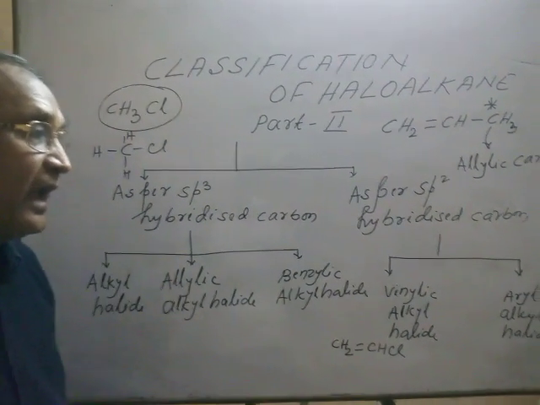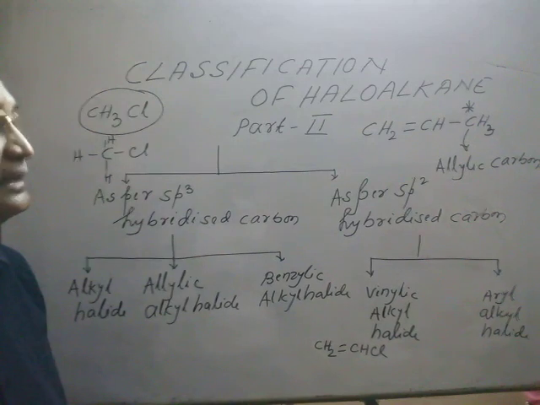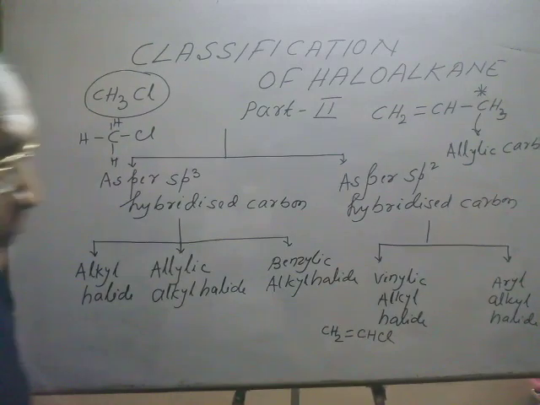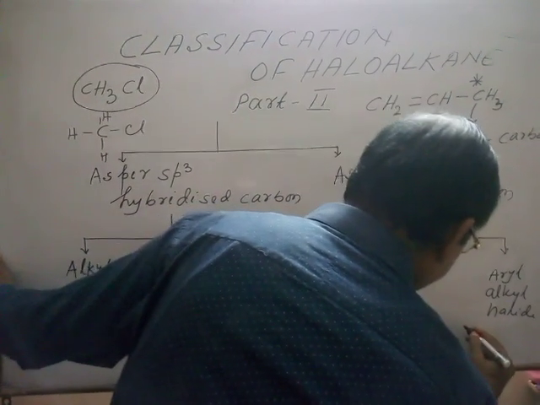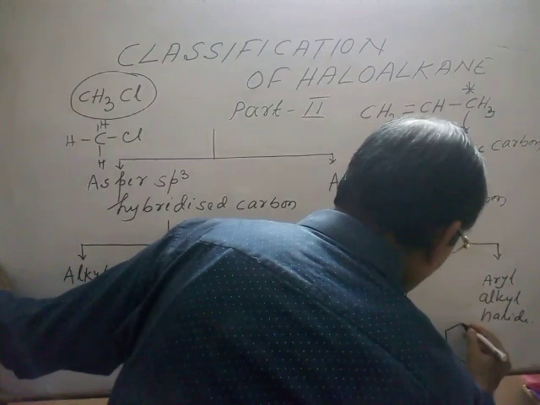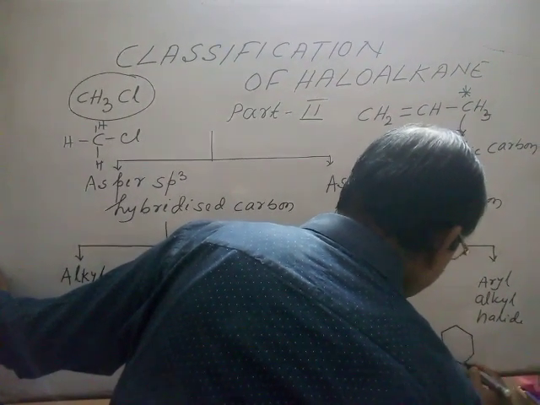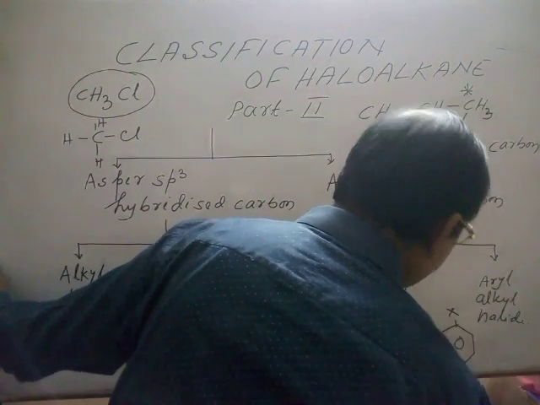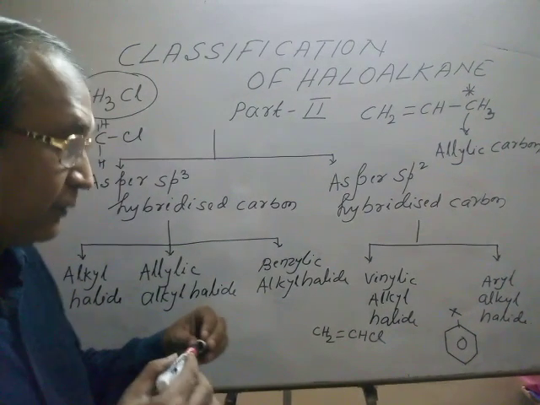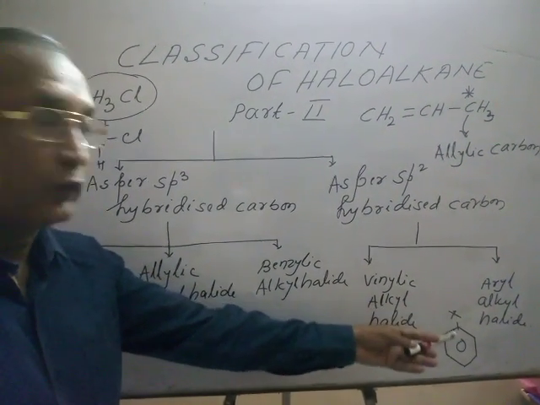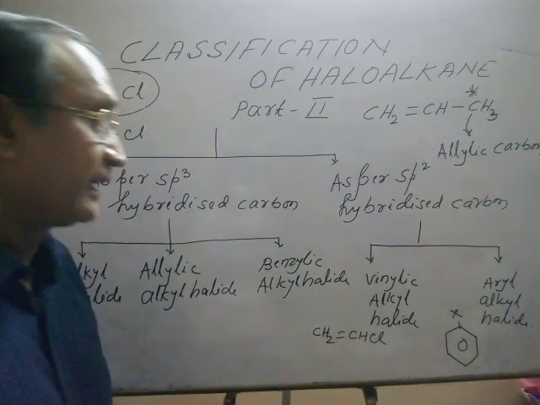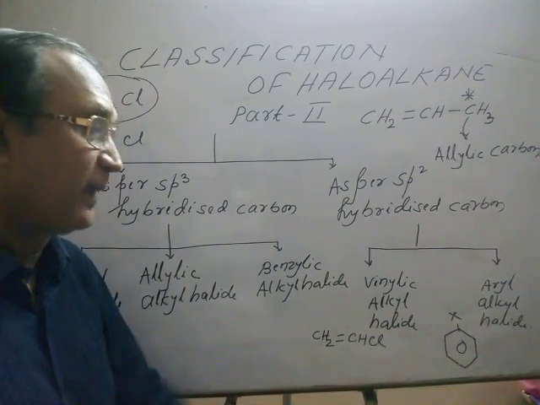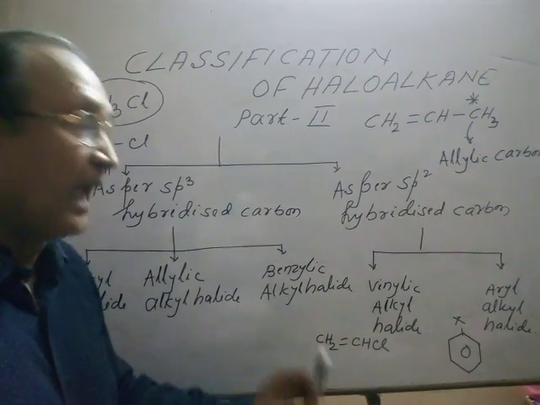The next is aryl alkyl halide, that is haloarene. If we consider any benzene ring, and any halogen is there, either fluorine or chlorine or bromine or iodine, then this type of alkyl halide is known as aryl alkyl halide.